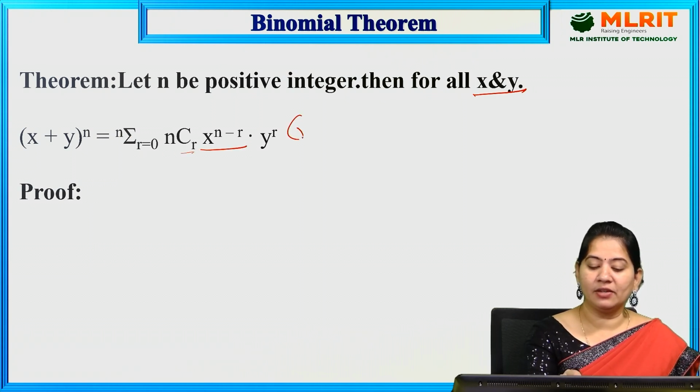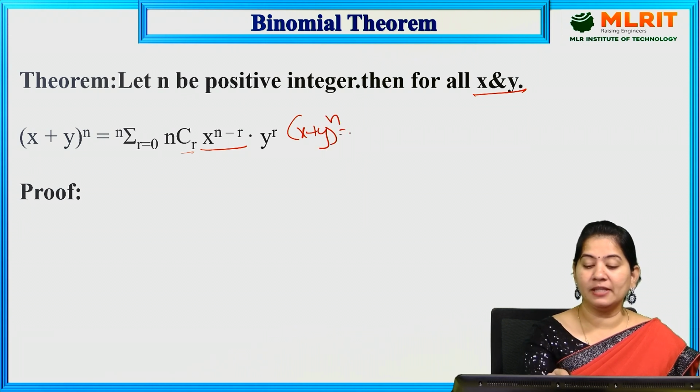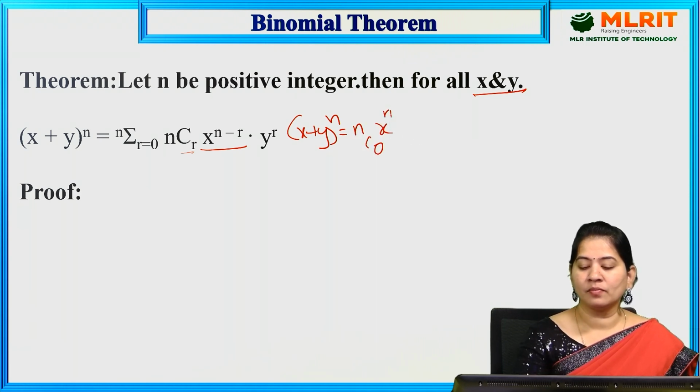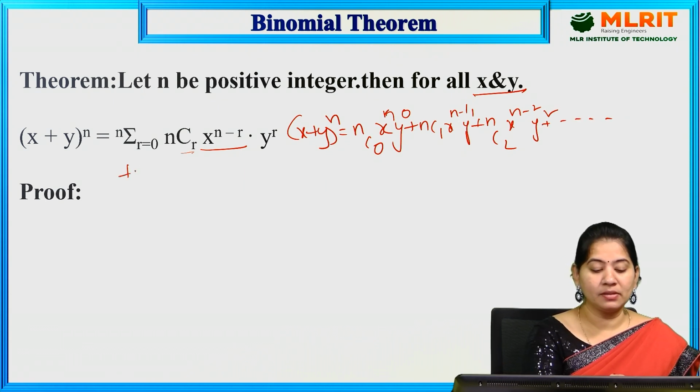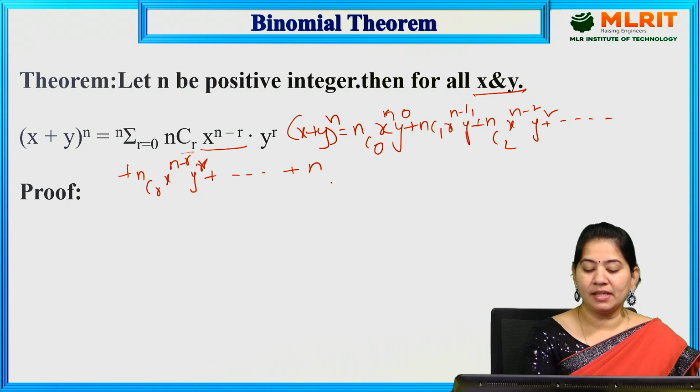We can also write the theorem statement as x plus y whole power n is equal to nc0 x power n y power 0, plus nc1 x power n minus 1 into y power 1, plus nc2 x power n minus 2 into y power 2, plus so on, plus ncr x power n minus r into y power r, plus so on, plus ncn y power n.